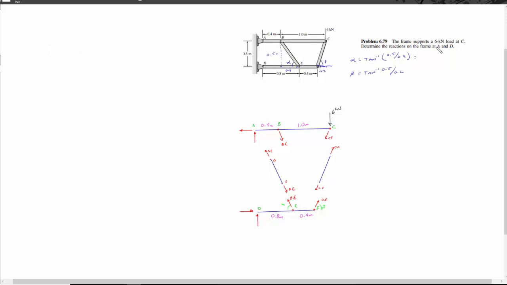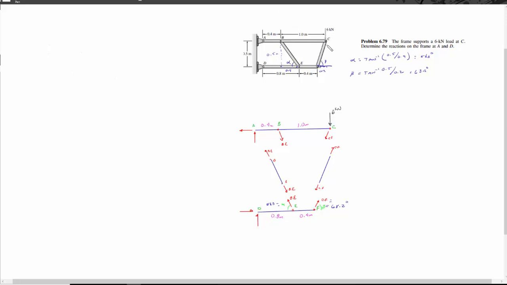So this comes out to be 51.3 degrees, and this came out to be 68.2 degrees. So we've got those. So alpha is going to be equal to 51.3, and beta is going to equal 68.2 degrees.